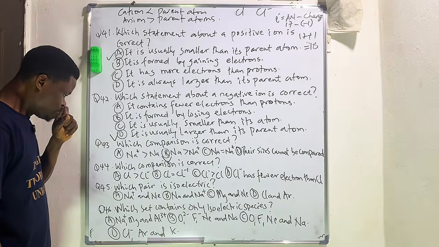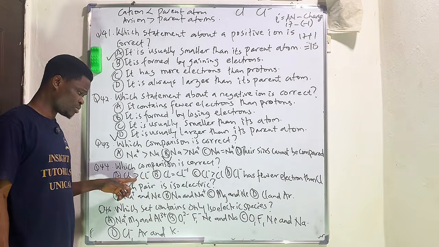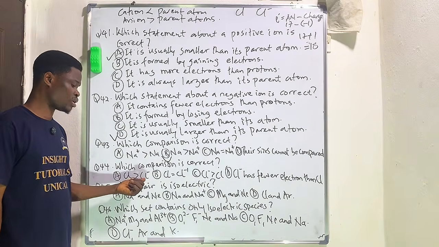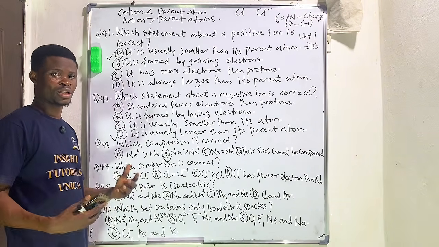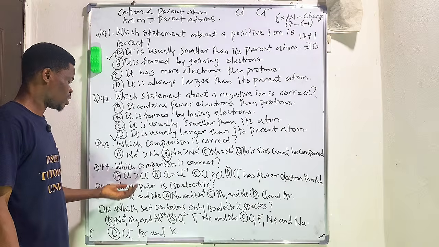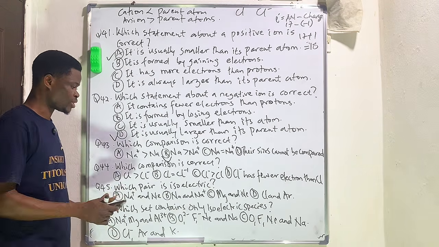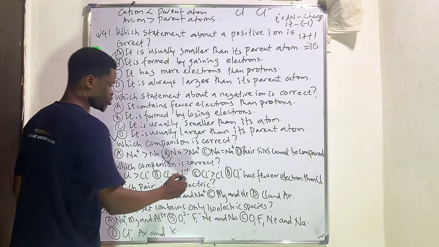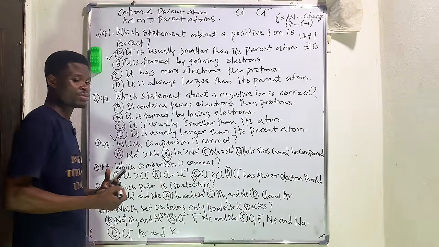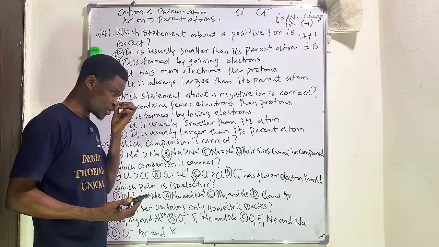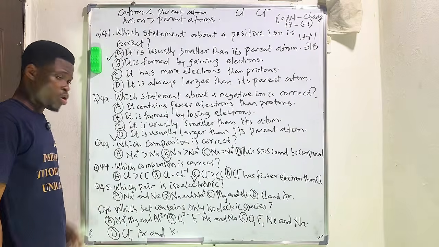A says chlorine atom is greater than chlorine ion. That's not correct. We all know that an anion, an electronegative ion, is going to have more electrons than its parent atom. The correct option is option C. A negative ion is larger than its parent atom.